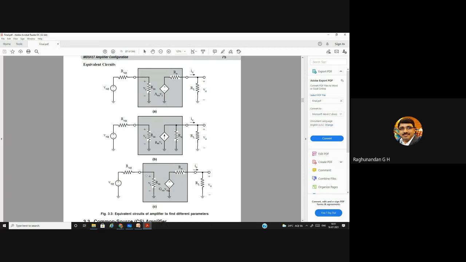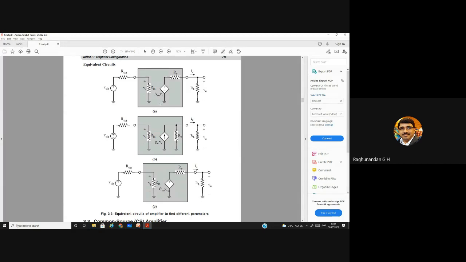By this, we show the different components involved in the amplification process, and the important parameters to be considered for the analysis of the MOSFET, through these internal or equivalent circuit diagrams.